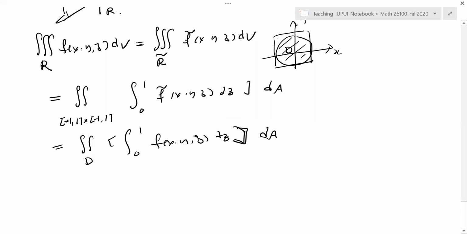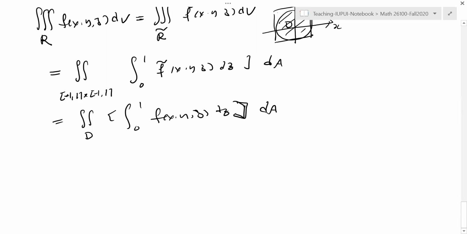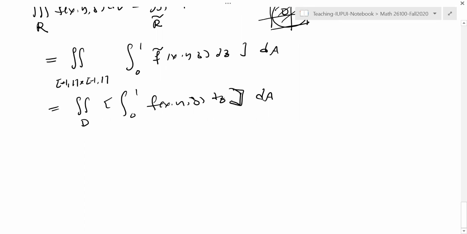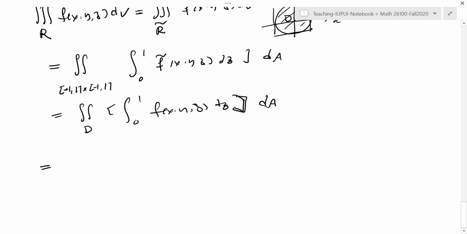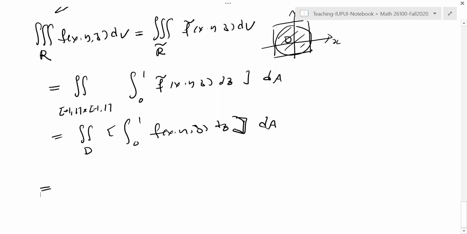Another way you can do is you want to use the variable z first. Because it is a triple integral on the rectangular box, you can always exchange the orders.